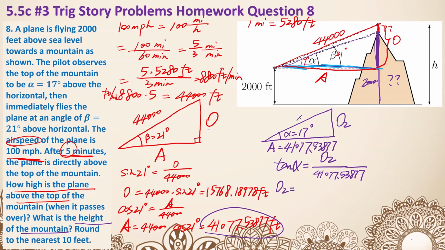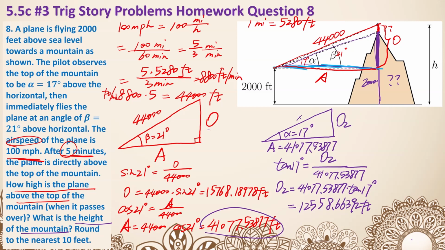So my opposite side this time is 41077.53877 times tangent 17 degrees, since alpha is 17 degrees. And that is going to give us 12558.66392 feet. I'm just writing down all the digits so I can round later.